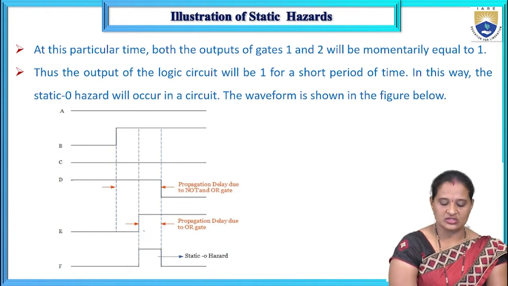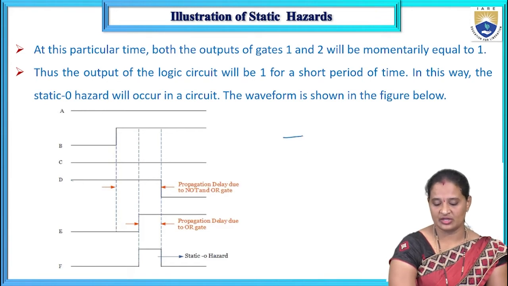Now E is 0 because the circuit is like this, right? This is the OR gate where we have an inverter.